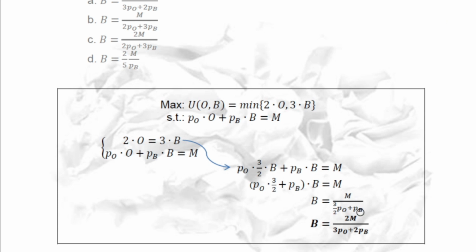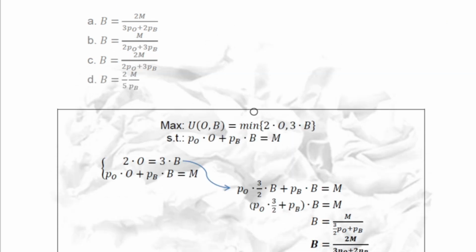If I look at the answers, I don't have this answer here, but it's not difficult to think that we could multiply by 2 on the upper side and the downside, so that we get 2m, and here 3/2 times 2 is 3 plus 2 pb. So the correct one is C, I think.